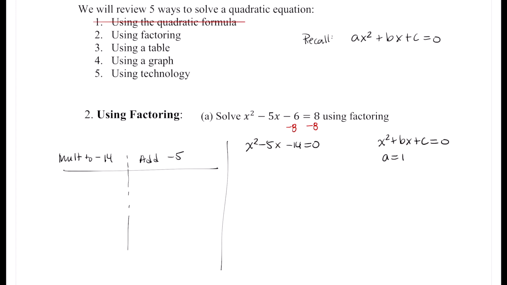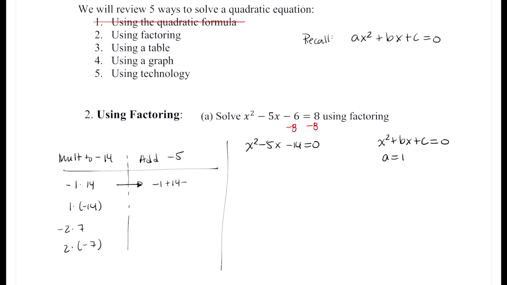So what numbers multiply to negative 14? Well, a few of them, right? Negative 1 times 14, 1 times negative 14, negative 2 times 7, 2 times negative 7, and at that point we've exhausted all our possibilities. So now all we need to do is check to see which of these add to negative 5.